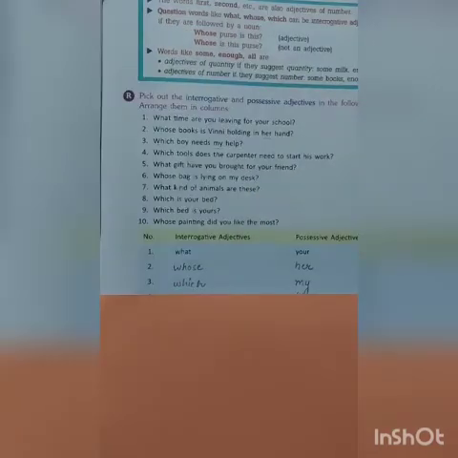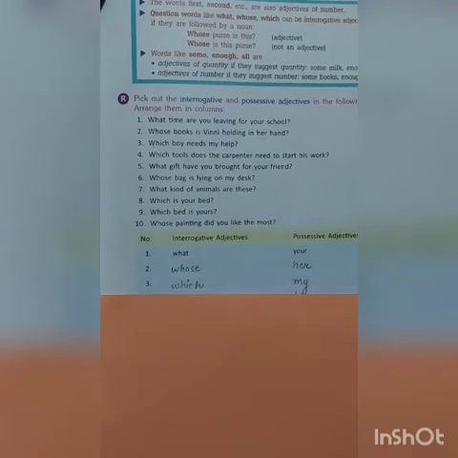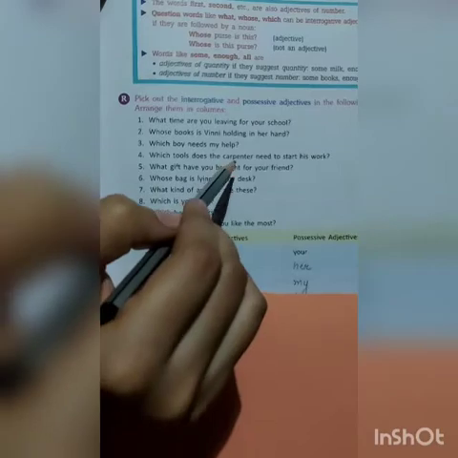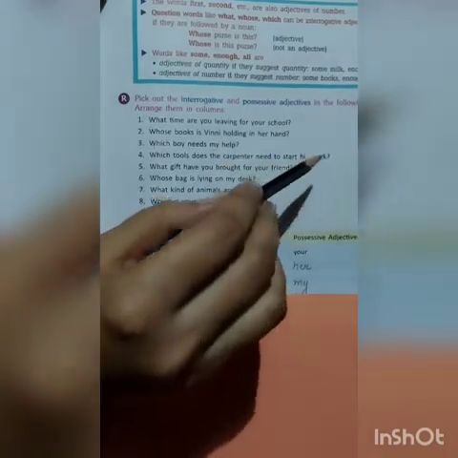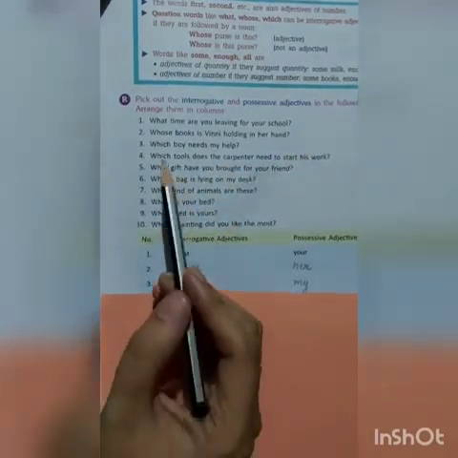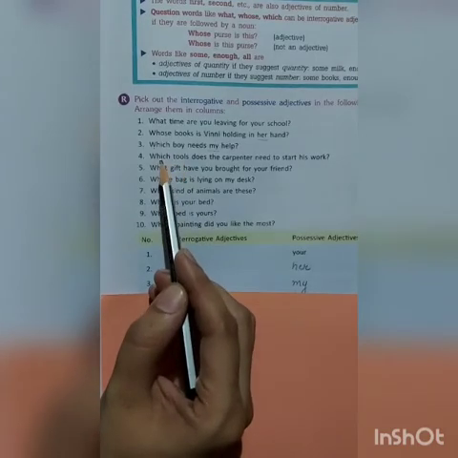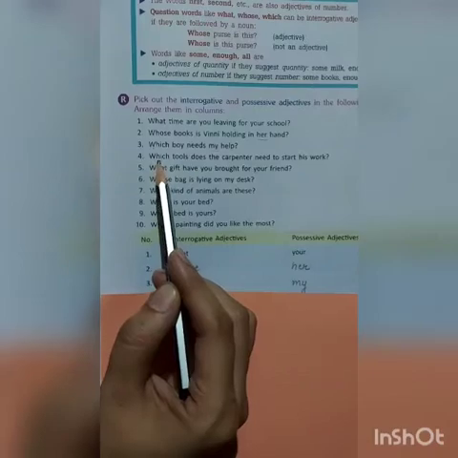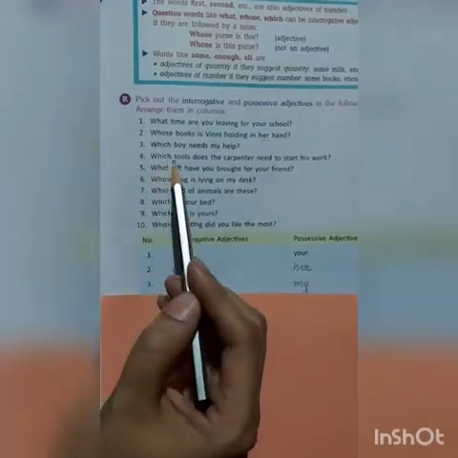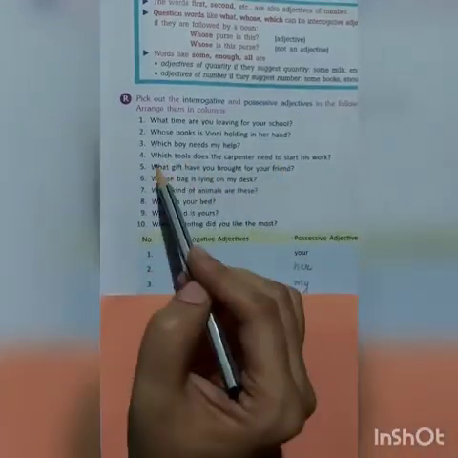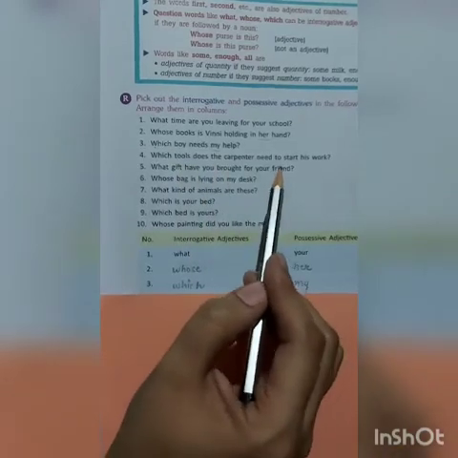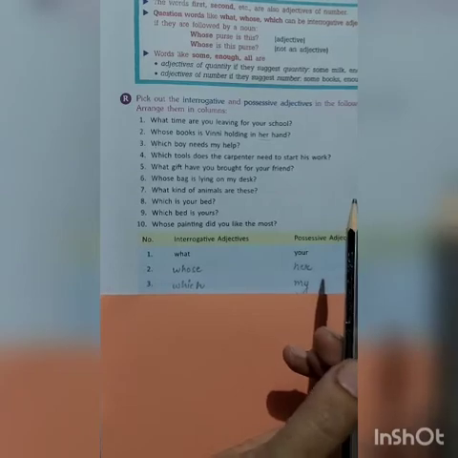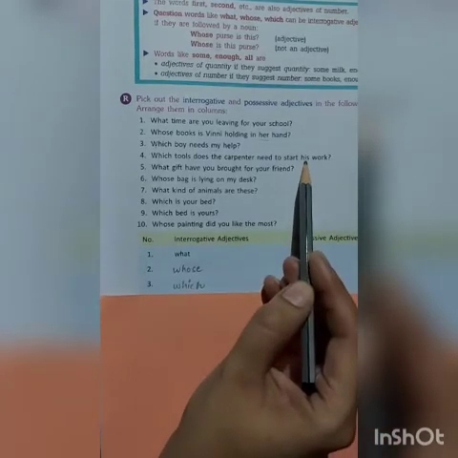Now children, let's move to the next one. Which tools does the carpenter need to start his work? Now, which tools? Right? It's posing a question. So, which will be an interrogative adjective, right? And then, which tools does the carpenter need to start his work? Whose work? His work, right?